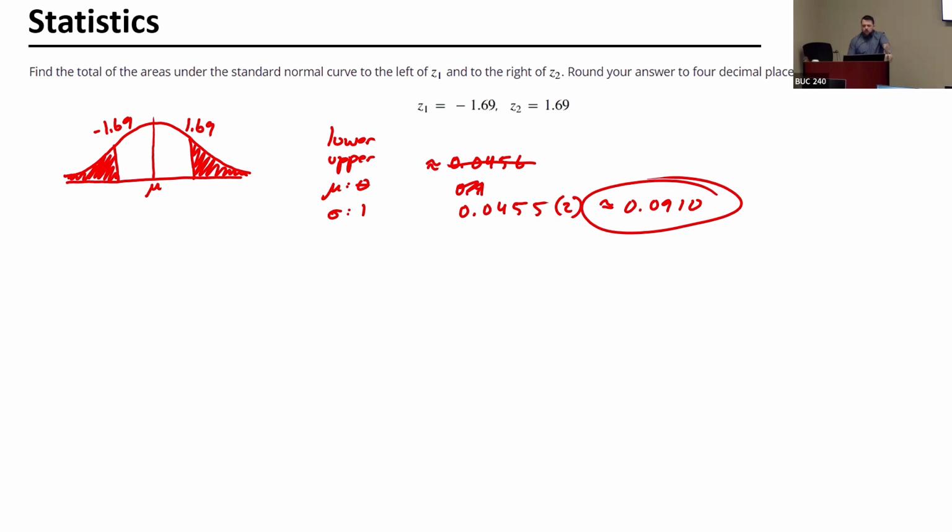0.0910, right? Well, wouldn't the complement be that? So couldn't I, if I really wanted to, just come here and do negative 1.69 to 1.69, whatever number I get, and then do 1 minus that number? Now you have found what that is not.